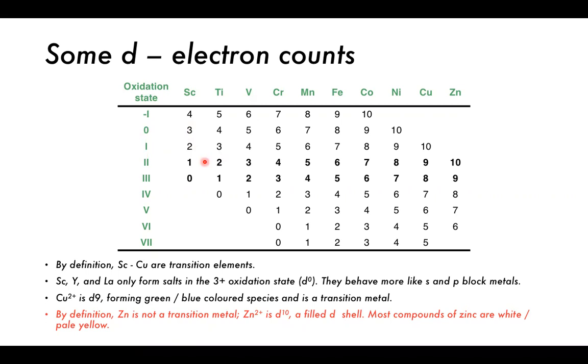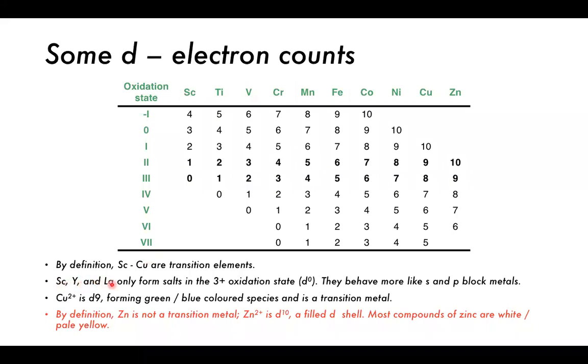Typically we find that removing most of the electrons or removing half of the electrons generates the most common oxidation state. So for scandium, transition elements have partially filled d orbitals just without needing to lose any electrons.